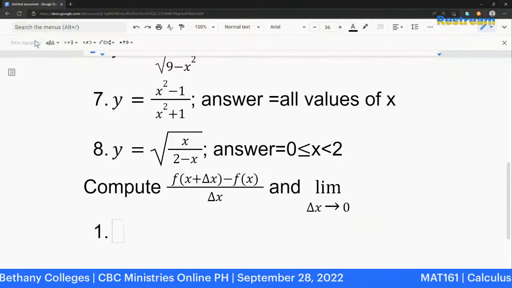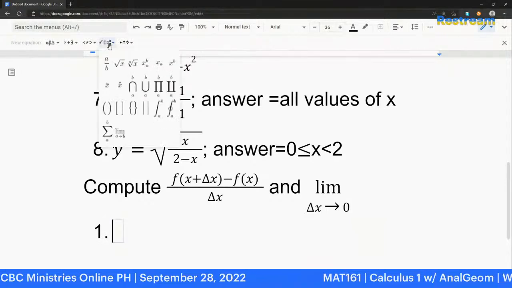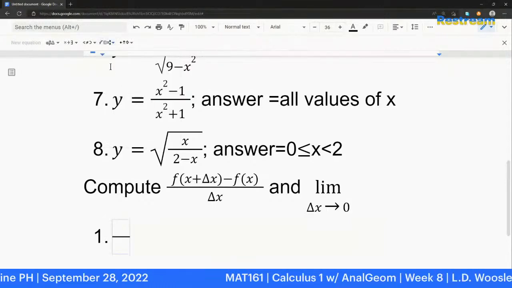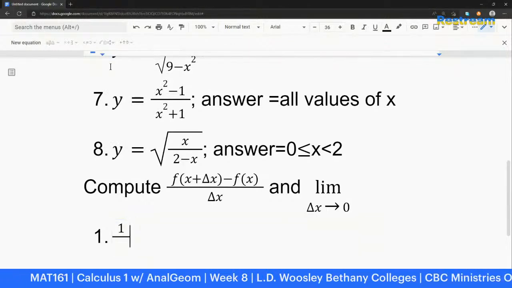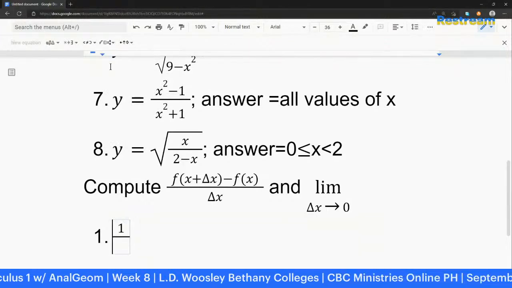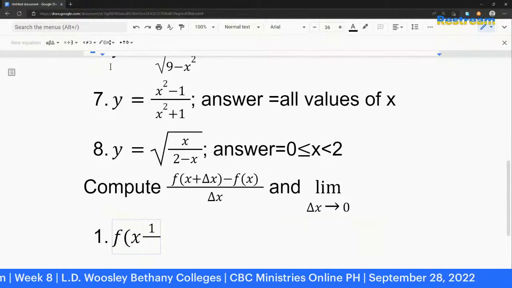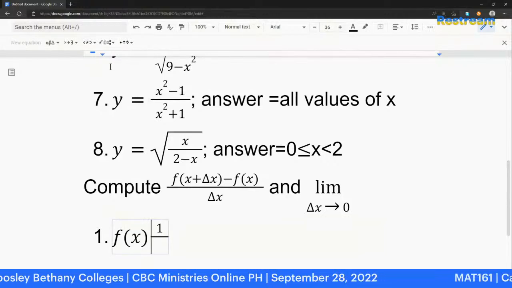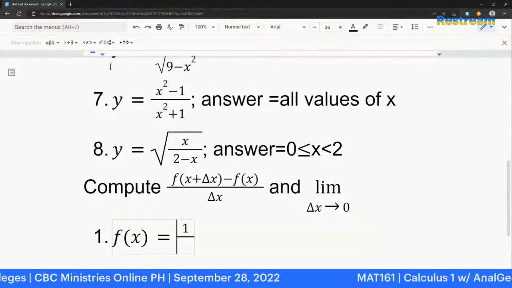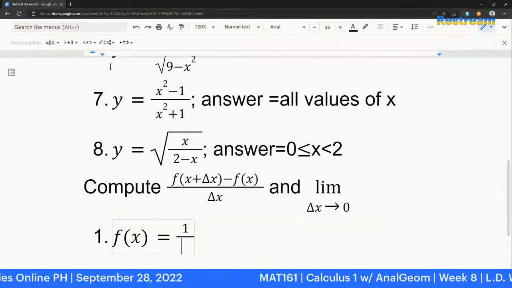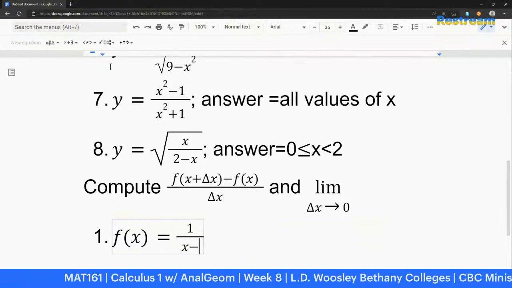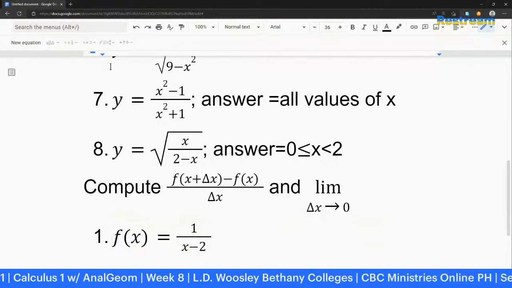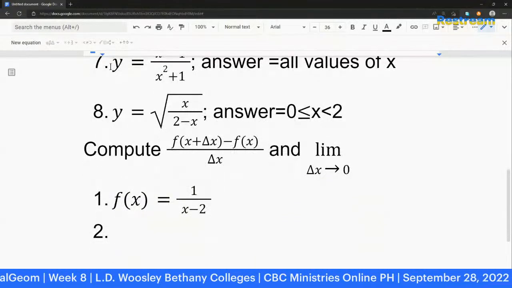Okay, here's your equation. Right, so that's your equation for Nora and Banji.